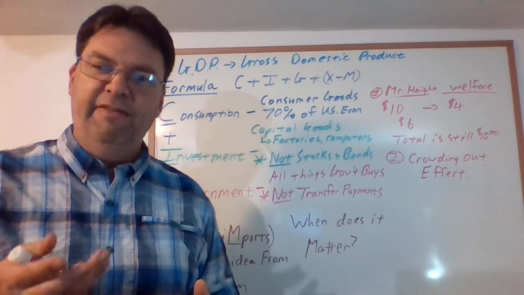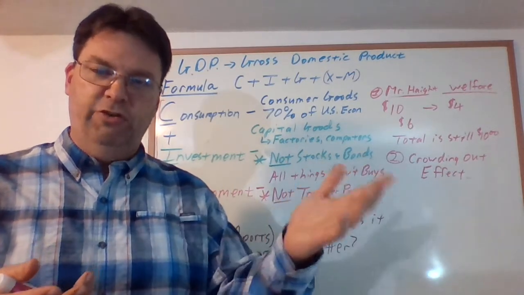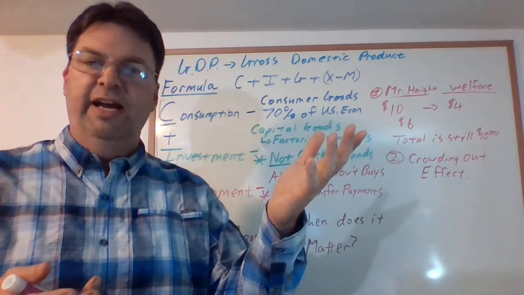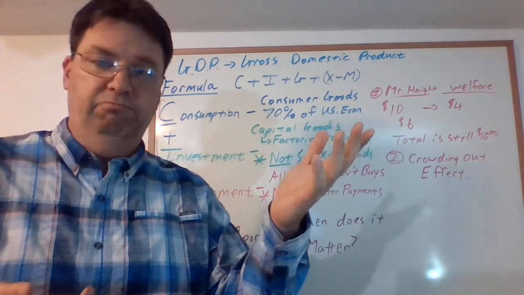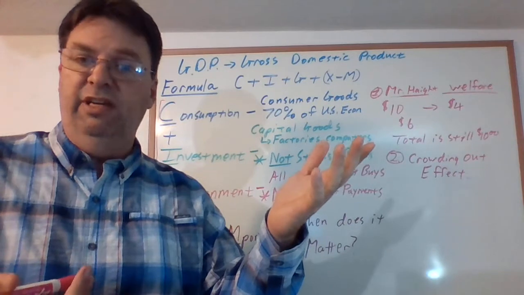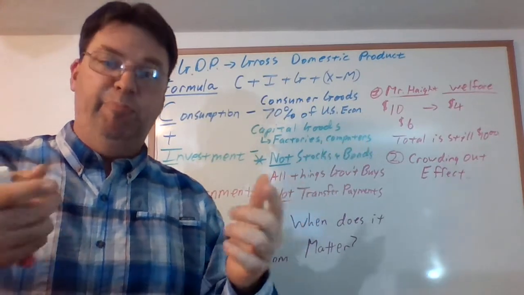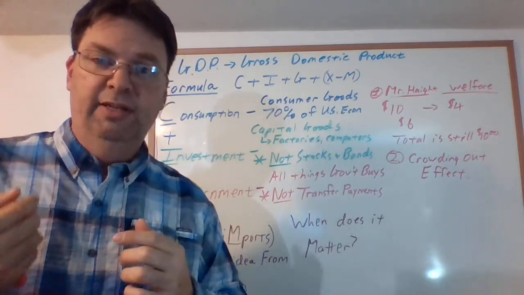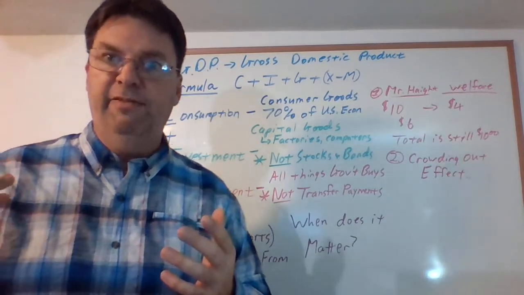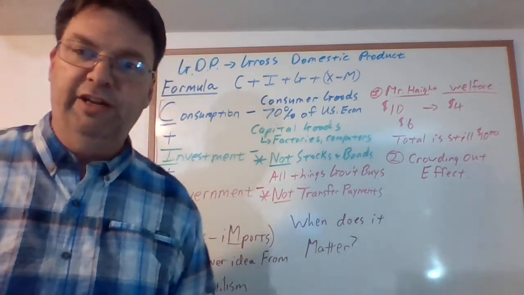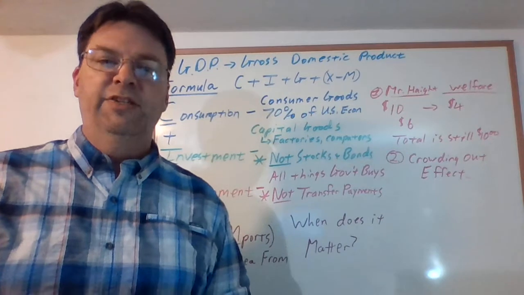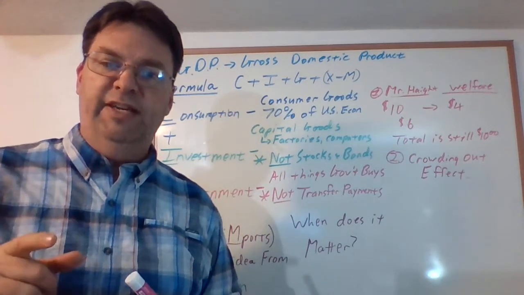So you didn't have the 500, but you used the credit card to get the stuff you wanted. And so for a month, for a while, you're pretty happy. You got the stuff you wanted. You didn't have to pay for it. But then the bill comes due, both physically and then metaphorically. You're going to be in a lot of trouble. All right? Same thing with the United States.